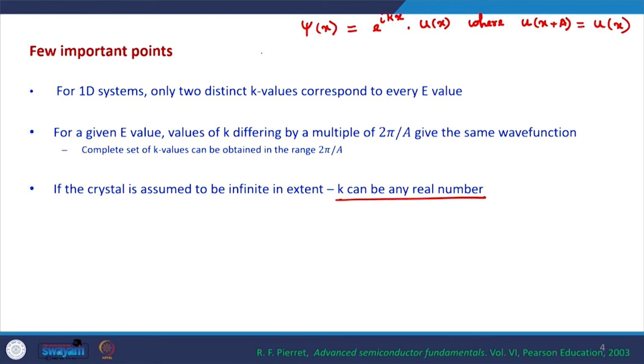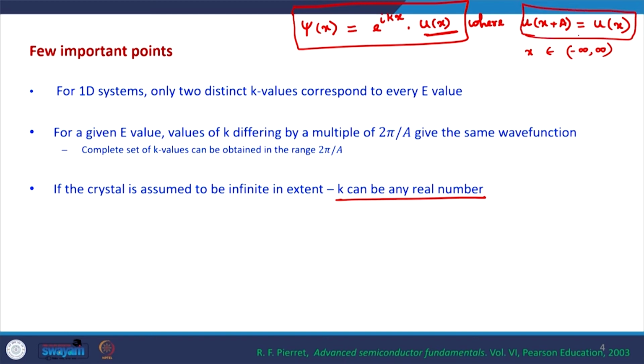Okay. This is another statement of Bloch's theorem which we have discussed many times. If the crystal is infinite in extent, which means x can go from minus infinity to plus infinity, in that case u of x will be well defined because u of x is a periodic function. It will be well defined over all places if it is well defined in one period, because of its periodicity.